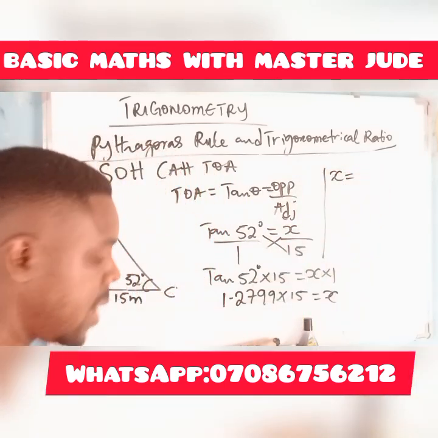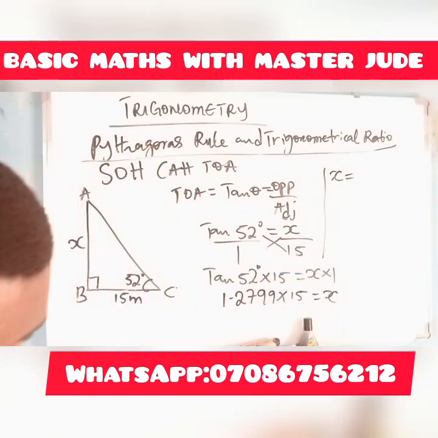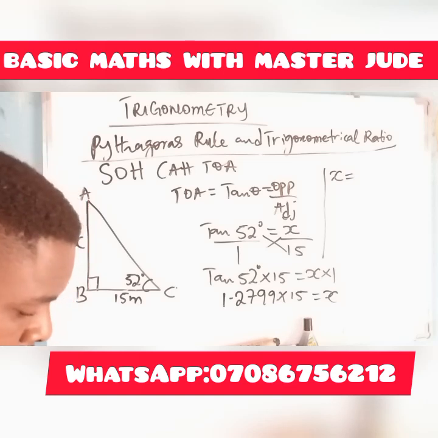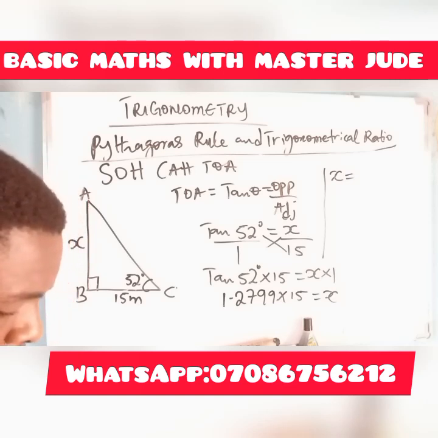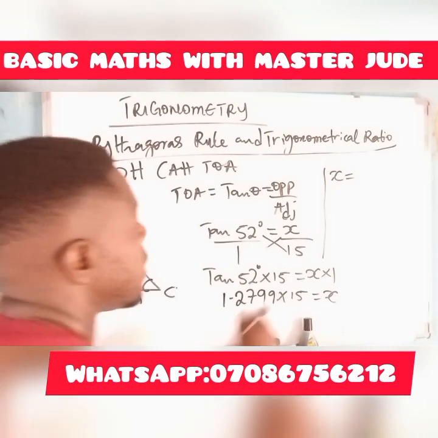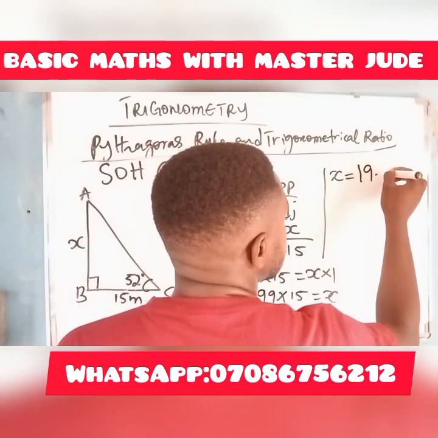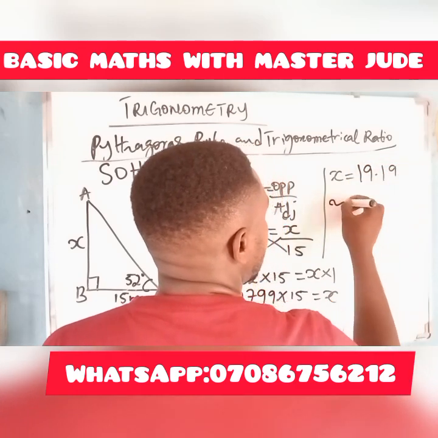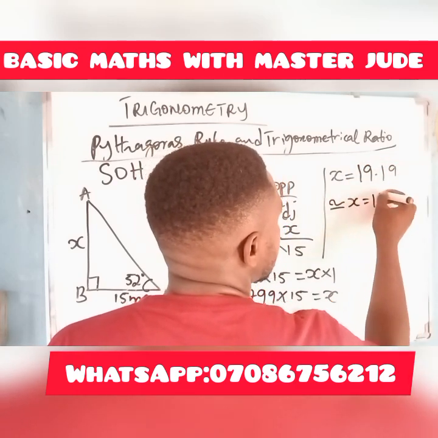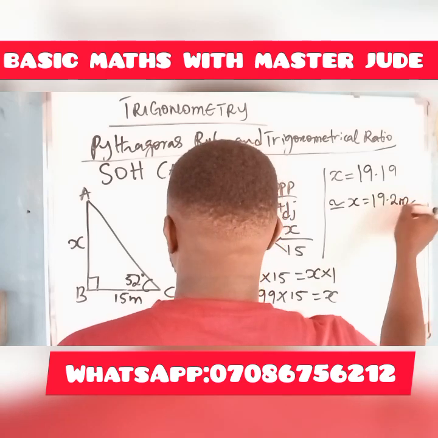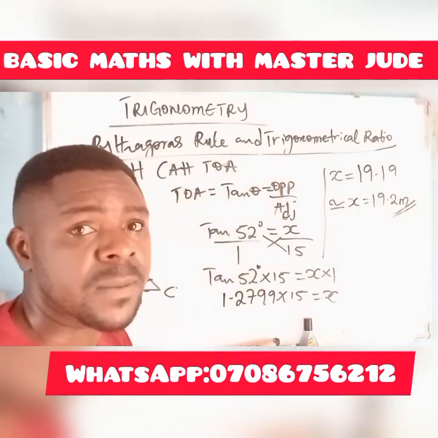If we multiply them, it will give us 19.19. It will approximate, x is equal to 19.2 meters as our answer.